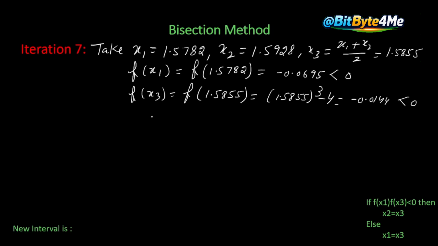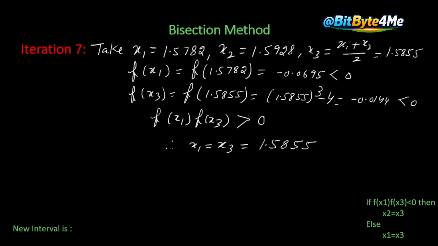So both are less than 0. Multiplication will be greater than 0. f of x1 f of x3 will be greater than 0. So if it's greater than 0, then x1 will change. Therefore x1 is equal to x3, which is 1.5855.